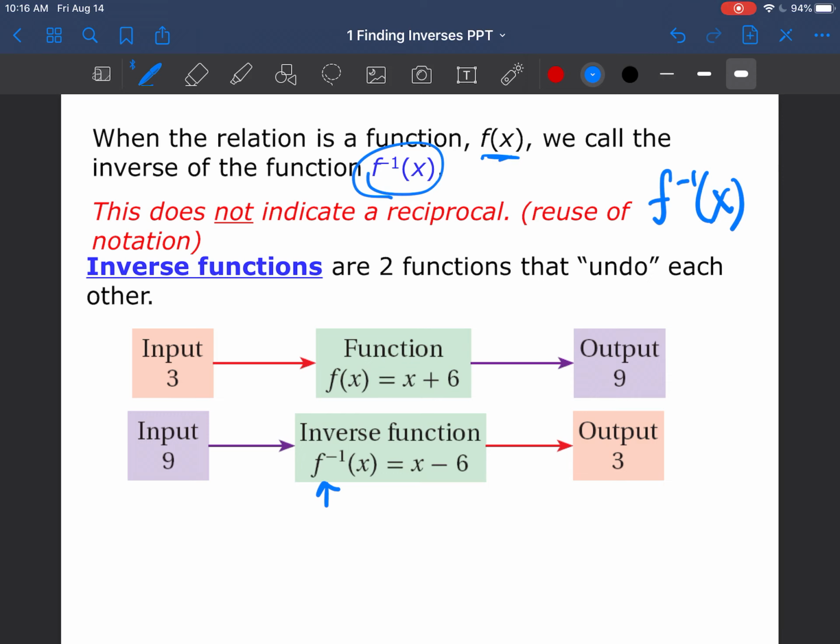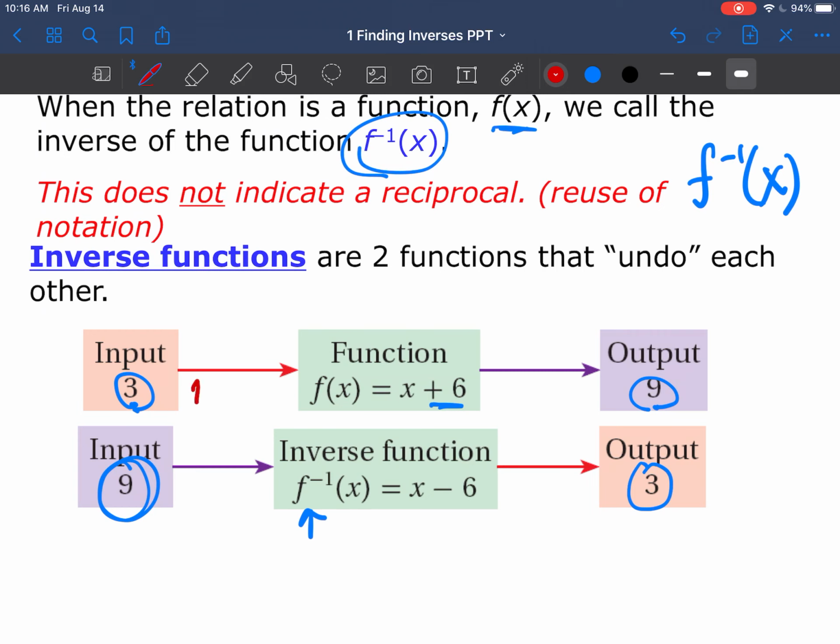And so just like we talked about on the previous slide, your input 3, if it becomes a 9, your inverse function would then take 9 right back to 3. And so this particular function is adding 6 to whatever your input is. And so if I picked another input value, let's say 1, if I add 6, the output would be 7.